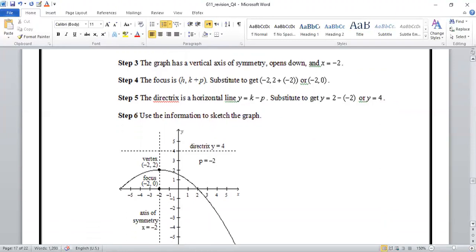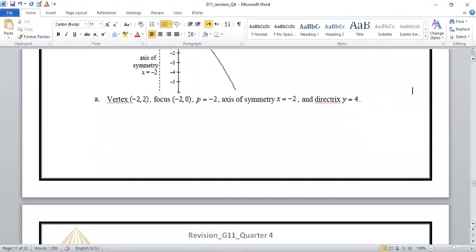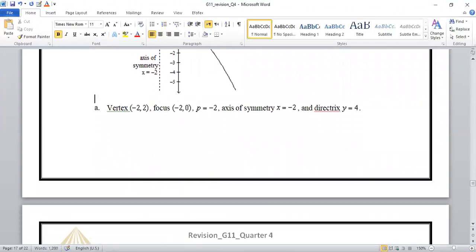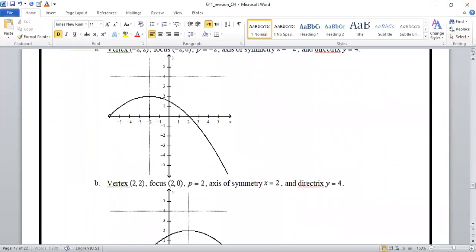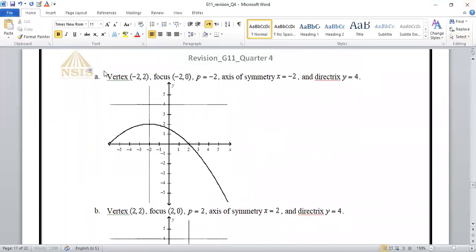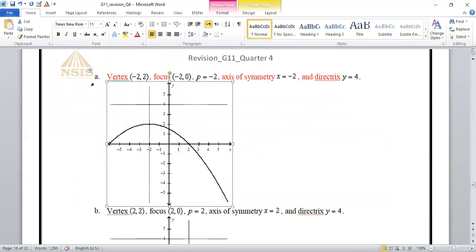So the true answer is number A. Vertex (-2, 2), focus (-2, 0), b equal -2, axis of symmetry x equal -2, and directrix y equal 4.